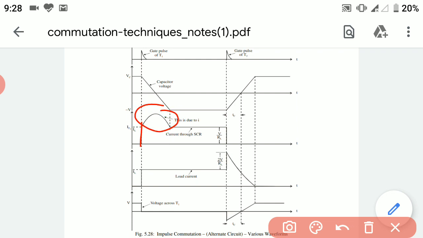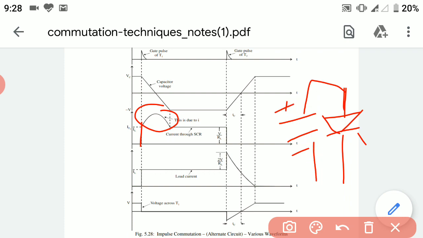This heavy current is because initially the thyristor T1 was across a battery V and a capacitor C. So the current through the thyristor T1 was flowing because of battery V as well as capacitor C. So a heavy current flows through the thyristor T1 initially.